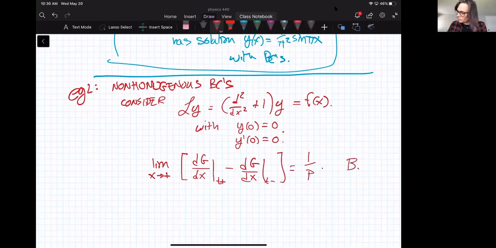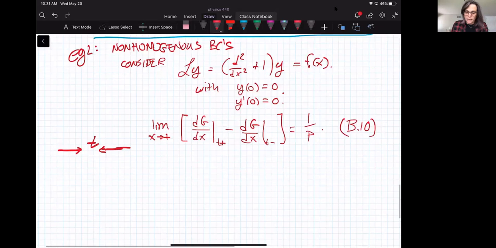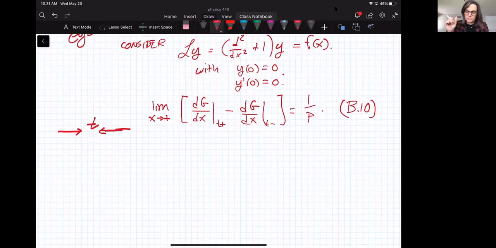In other words, wherever t is, you can approach it from either side, and the difference of the derivatives as you get closer and closer should approach 1 over p. The reason for that becomes maybe a little clearer when we do an example.